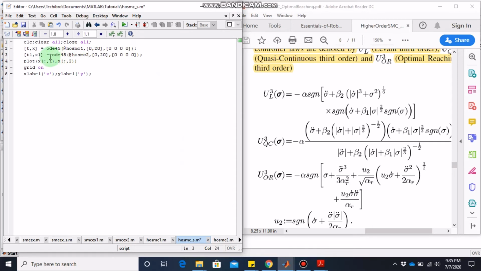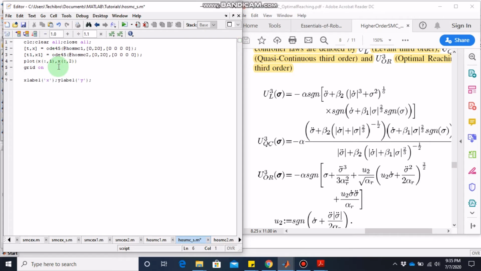So what is going on here is that I will solve this differential equation HOSMC1 and get the trajectories into t comma x, and then I will solve the other differential equation with this other controller and store the trajectories into t1 comma x1.